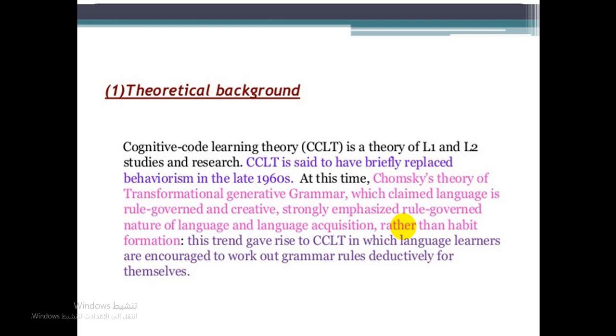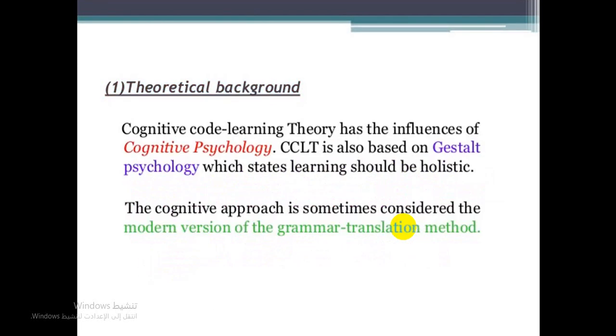Chomsky's theory of transformational generative grammar, which claimed that language is rule-governed and creative, strongly emphasized the rule-governed nature of language and language acquisition rather than habit formation. Also, Carroll and Kenneth Sheston advocated the cognitive code approach to the study of a second language as an alternative to the audiolingual method.